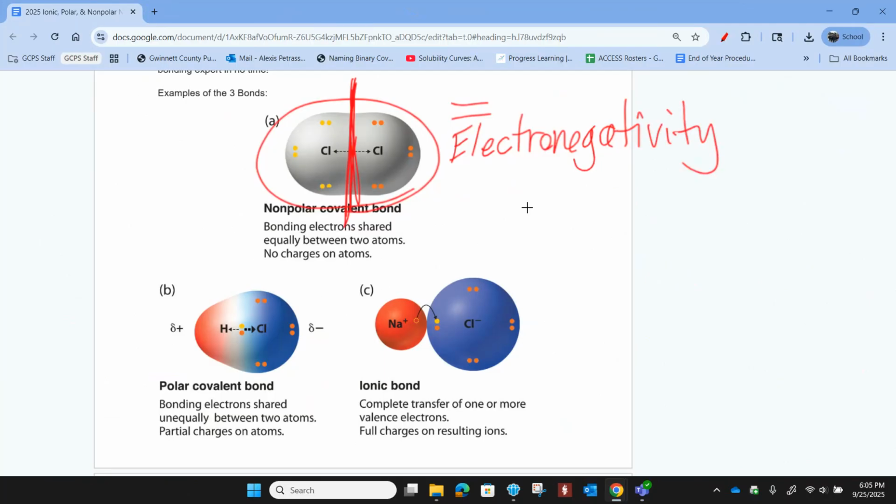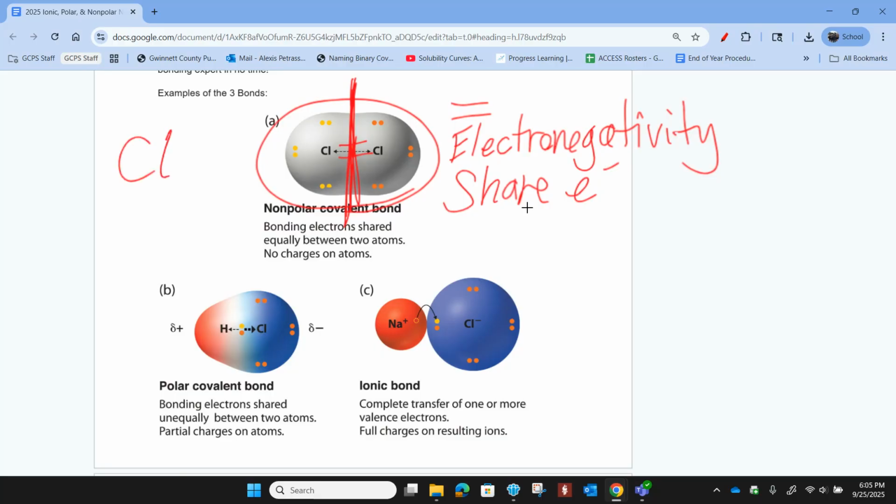So both elements are nonmetals and they have equal electronegativity. That means share electrons. Bonding electrons shared equally between 2 atoms.